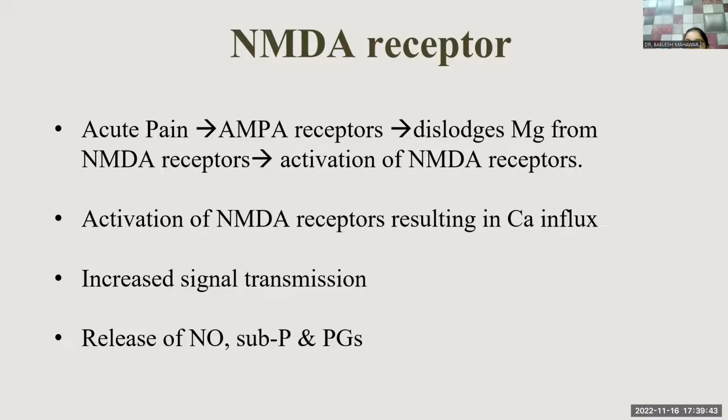As soon as the magnesium is dislodged, these receptors are activated, there is an influx of calcium inside, increased signal transmission, and a release of more excitatory neurotransmitters like nitric oxide, substance P, etc., and there is more amplification of pain.